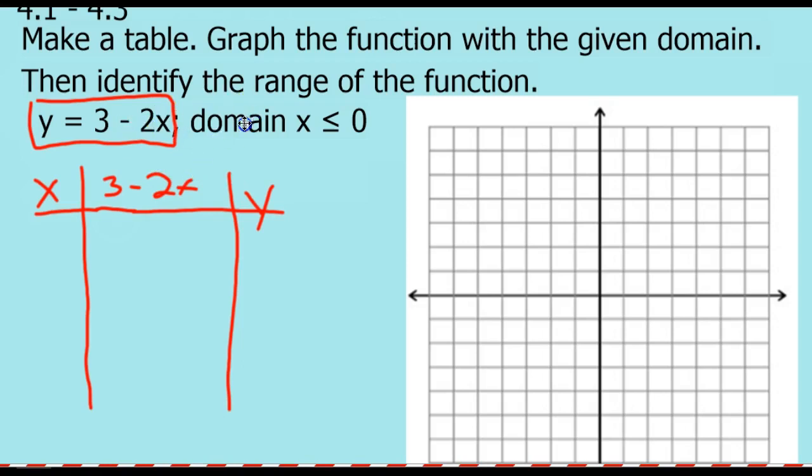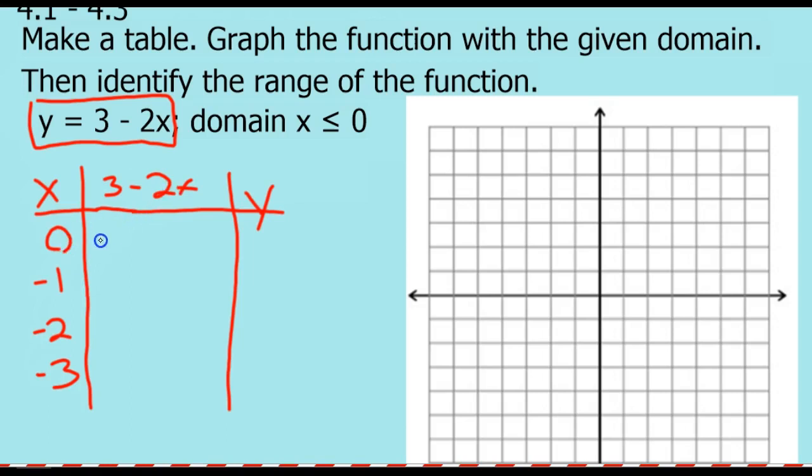So it says our domain is x is less than or equal to 0. So we know that it is equal to 0, so we can put a 0 there. Then if it's less than or equal to, we need to have negative numbers. So I'm going to put 3 negative numbers. Negative 1, negative 2, and negative 3.